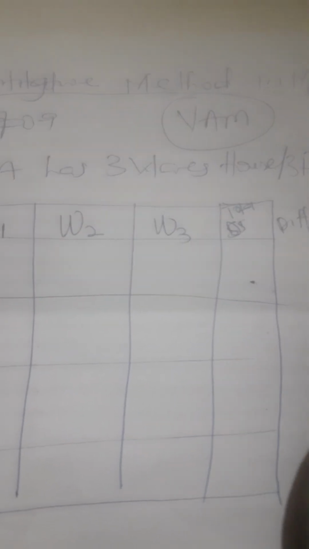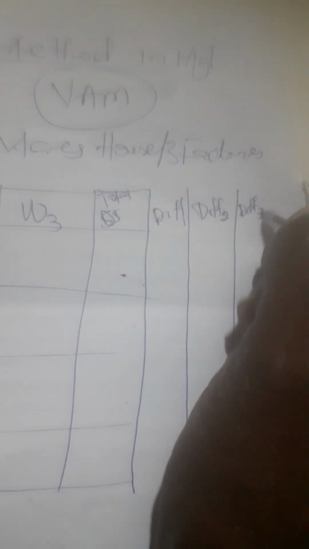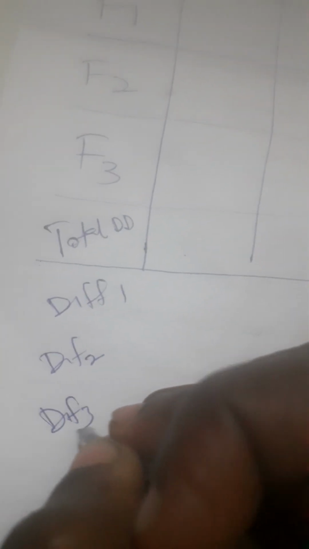For this VAM method, we have difference 1, difference 2, we can even have difference 3 or 4. I think that's how we did it in class. So here too we have difference 1, difference 2, difference 3, then difference 4.